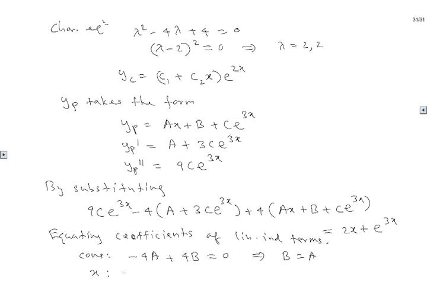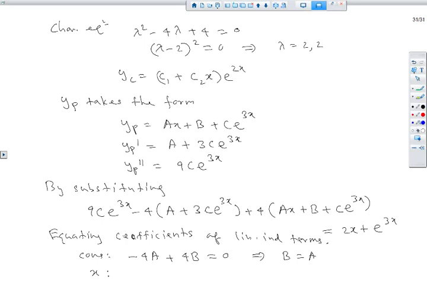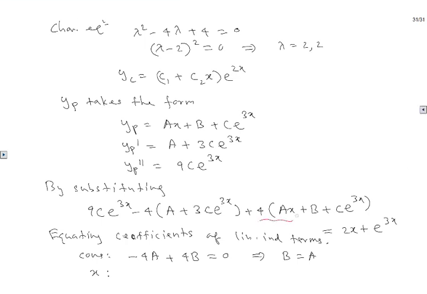There's an x term here and there's an x term there, so just equate the coefficients. You can say that a, which is also equal to b, equals 1/2. So we find a and b.